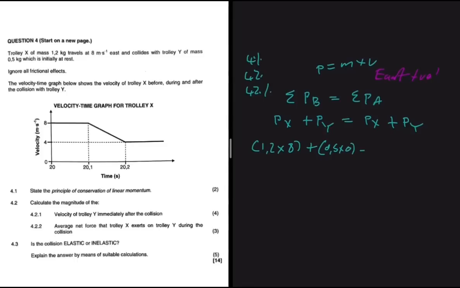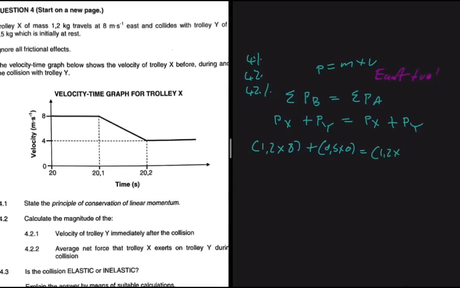This will be equal to the momentum after the collision. For X we have 1.2 multiplied by the velocity. The velocity is on the graph, because this is the velocity before the collision, during the collision, and then immediately after the collision. So we have 4 then, and then plus 0.5 multiplied by the velocity of trolley Y, right?